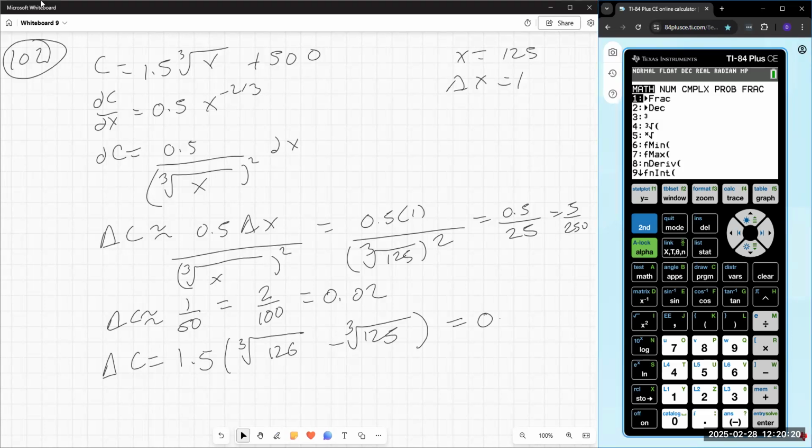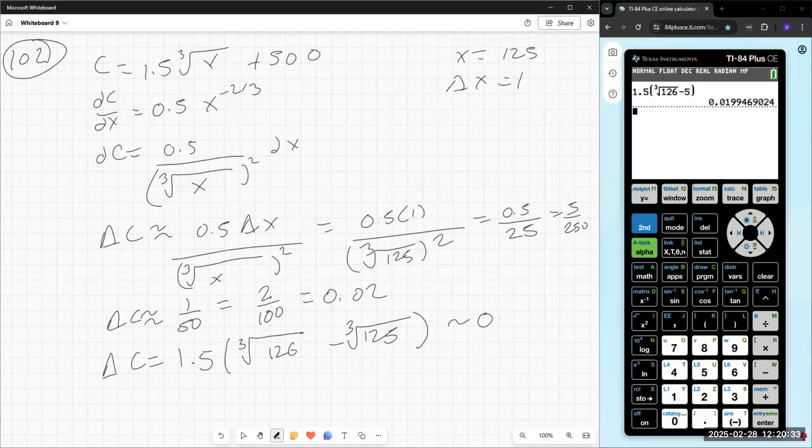Math, 4, 126, minus 5, is about 0.02, a difference of 0. So that's a very accurate approximation there.